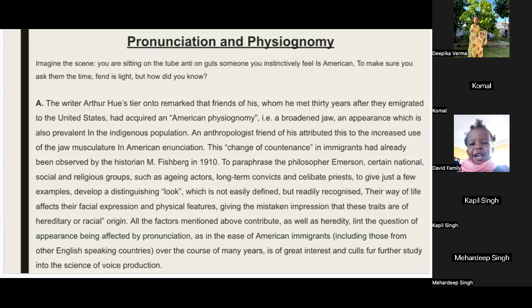Once done, you can write your answers in the chat box. Try to find with the names. Look for the names. See, Arthur Hughes' name is here. And once you read more, you can find another name. Fischerberg is here, so you can read up and down. Emerson is also here. So first, I'm just looking at all the names, and then I'm going to read before and after.